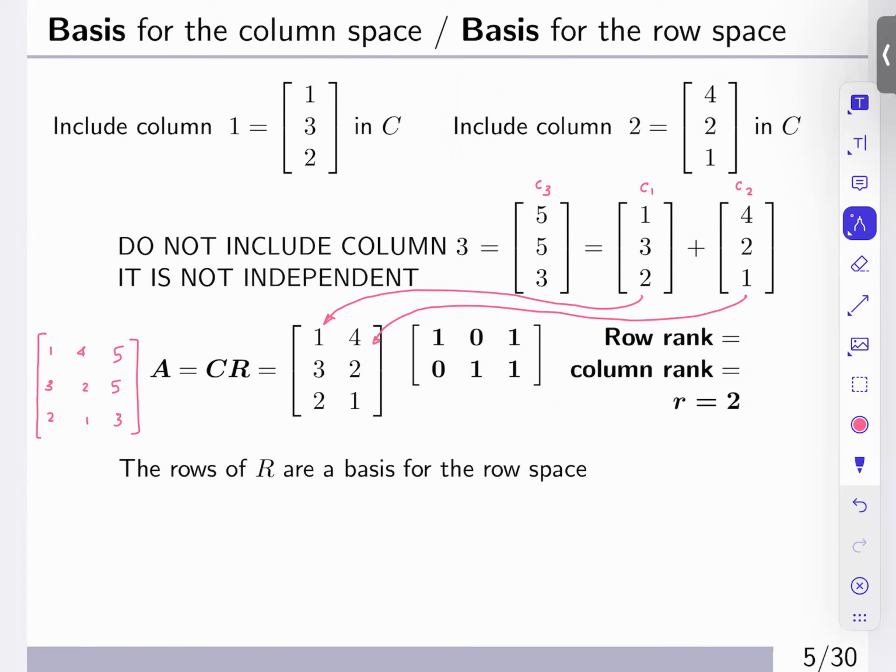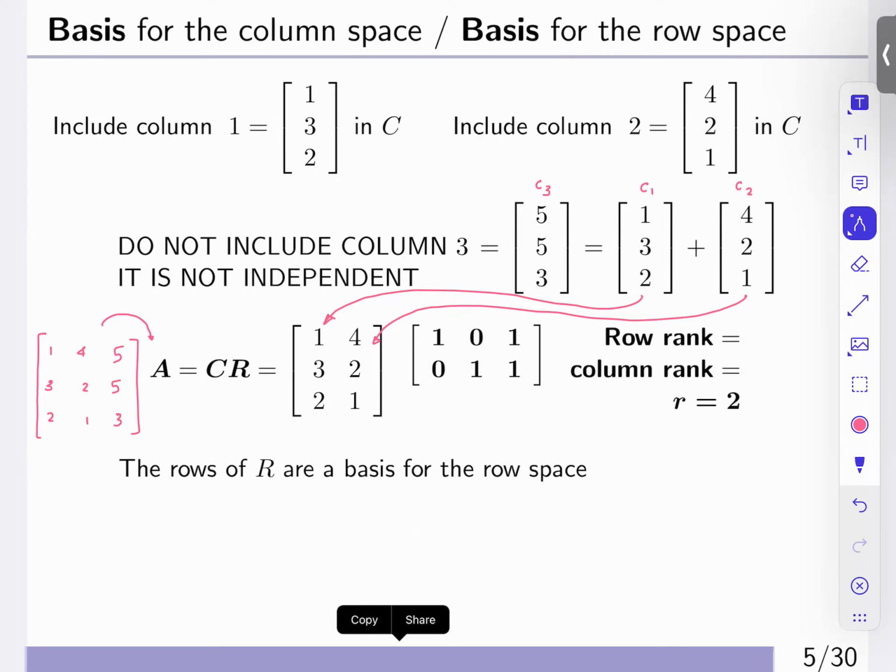What I'm trying to show you is that I have this matrix A, and I want to decompose this matrix as some columns and some rows. How do I do this decomposition?